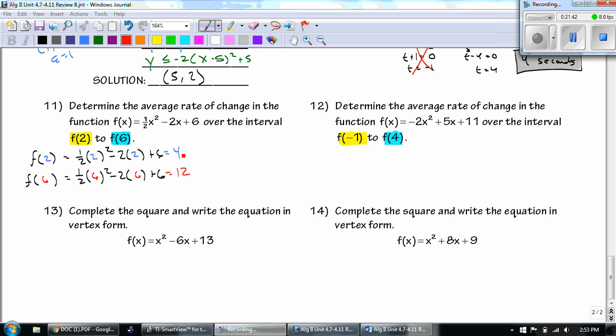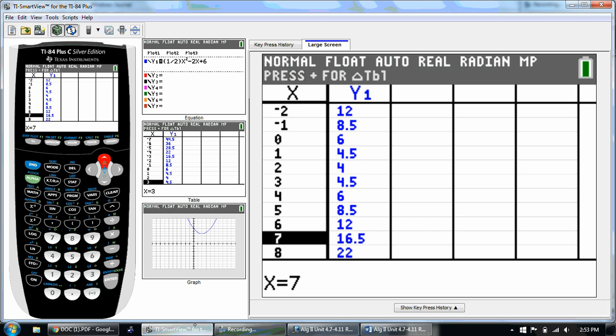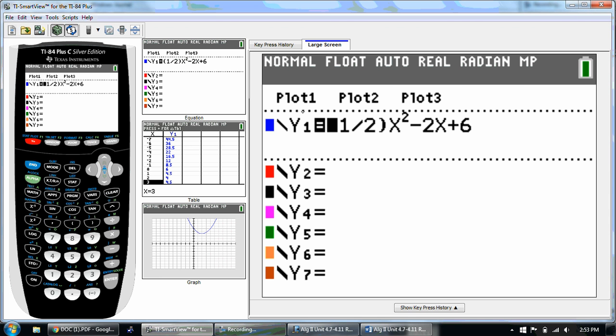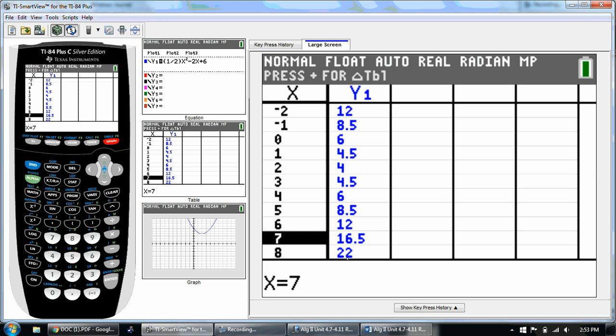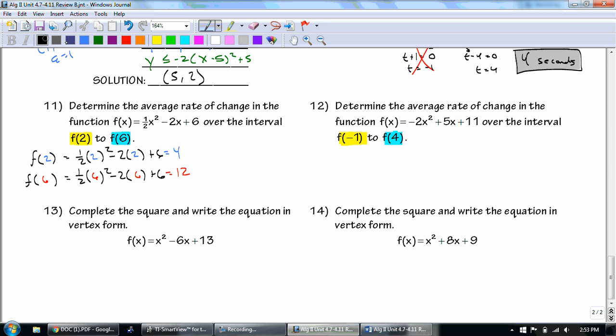Okay, so you should have gotten 4 and 12. Now, the way that I did that is I plugged it into my y equals, and then I went to my table to get the answers. Okay? So now that I'm over here, I need to do my slope, y2 minus y1 over x2 minus x1. So I'm going to rewrite those points, 2 comma 4 and 6 comma 12, because it's easier for me to see.